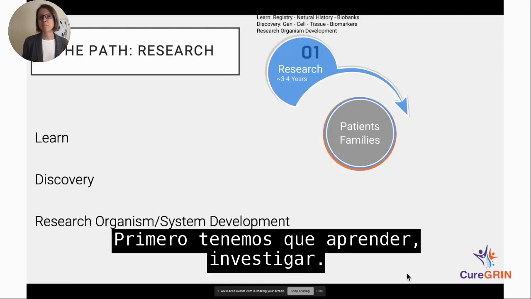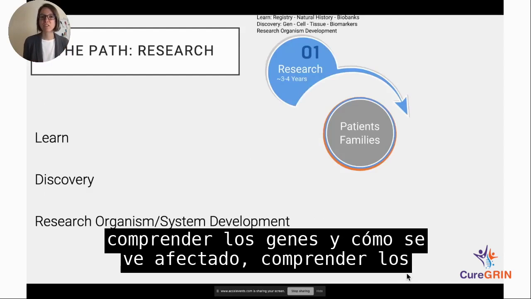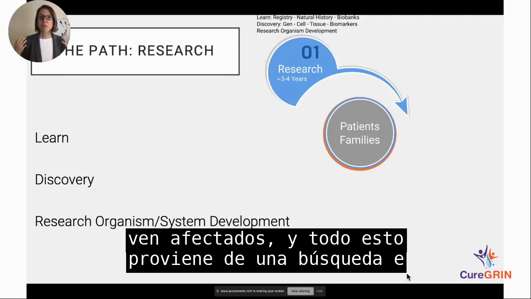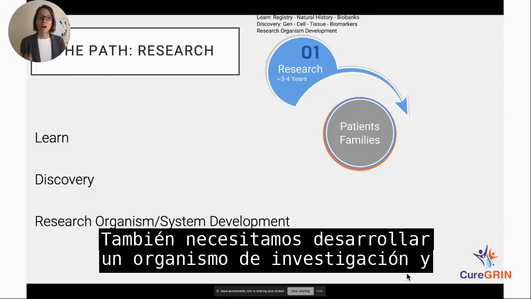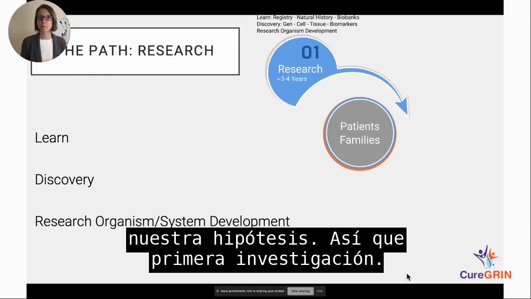We first need to learn, research. We need to learn about this disease, the biology, understand the genes and how this is affected, understand the cell types that are affected, the tissues that are affected, and all this comes from a very deep literature search and research. We also need to develop a research organism and system development that will allow us to then test our hypothesis.